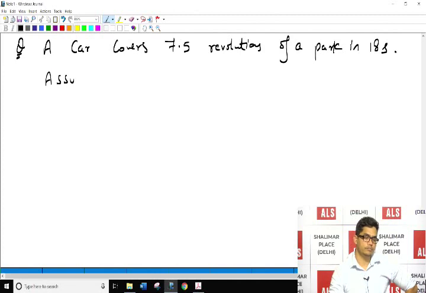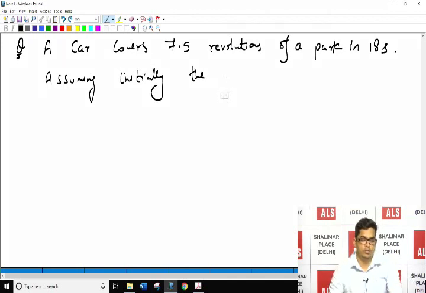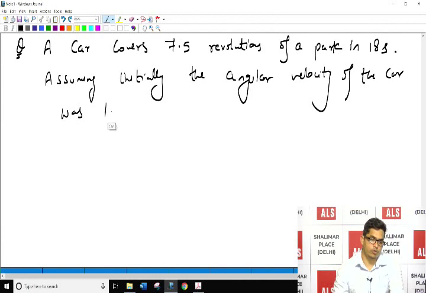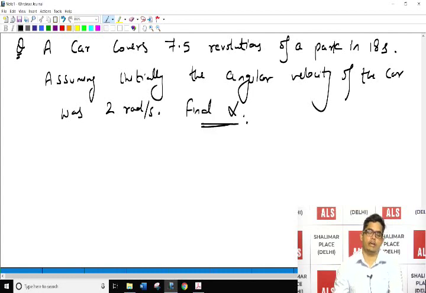Assuming initially the angular velocity of the car was 2 radian per second, find the angular acceleration alpha. That is the question.